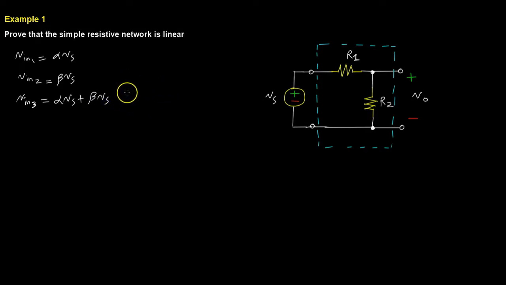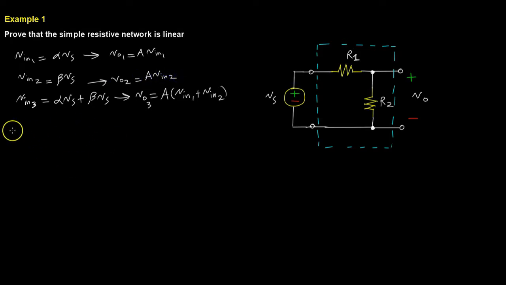And we need to show that the output is going to be some linear multiplier times the two inputs that were individually applied to the system. Because for Vn1, we expect Vout1 to be A times Vn1, and we expect Vout2 to be A times Vn2.